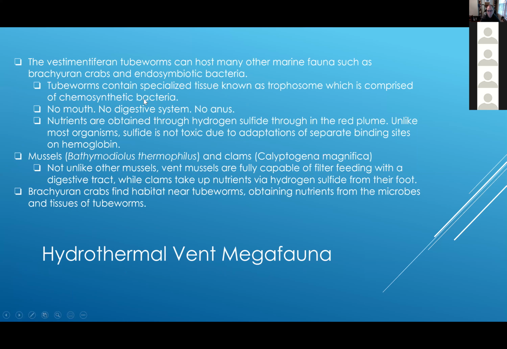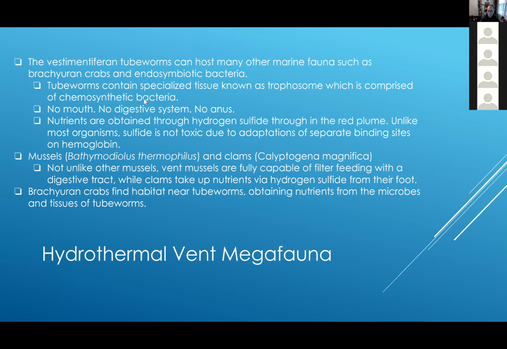Okay, so the tube worm that we're specifically talking about is called the vestimentiferan tube worm. And we showed a picture of it a few slides back. It's white on the bottom, and then it has a red top, which is called the red plume. This specific organism has no mouth, no digestive system, and no anus.